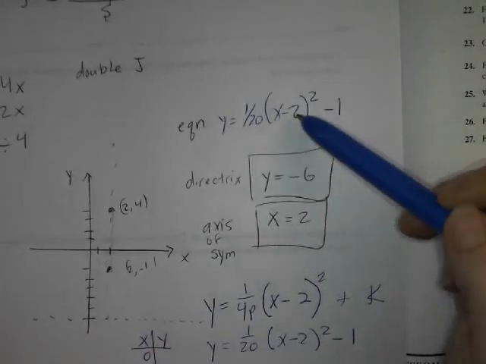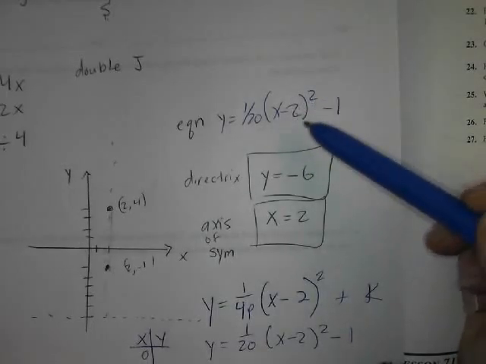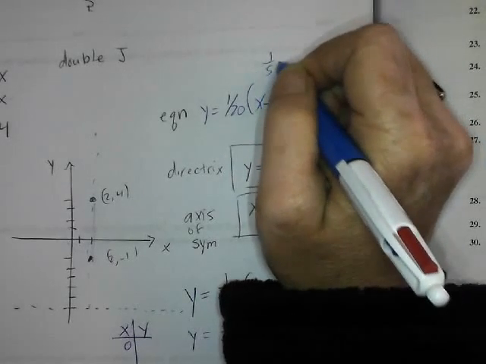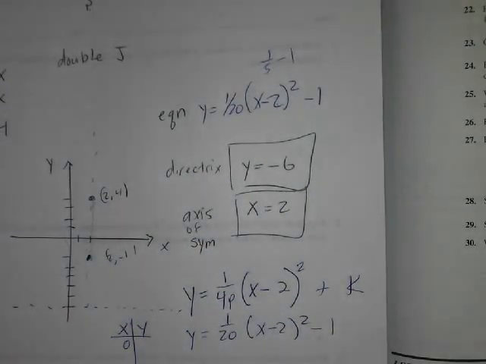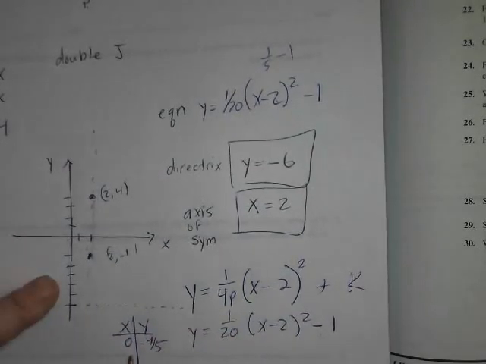So, 0 minus 2 is negative 2. Square it, you get 4. 4 over 20 is 1/5, minus 1. What's 1/5 minus 1? Negative 4/5. So, I'm not going to be super picky. So (0, -4/5). That's okay with me.